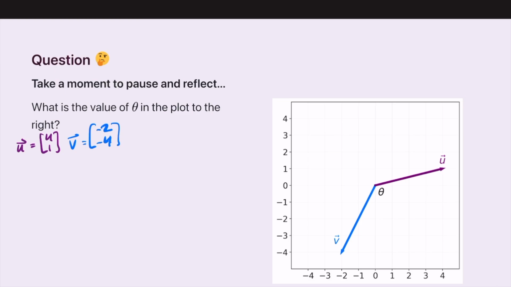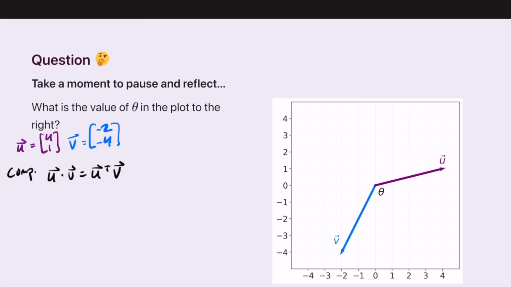Then we can just use the computational definition and the geometric definition. The computational definition will be u dot v, which is also u transpose v.